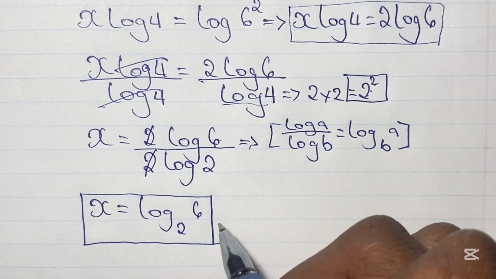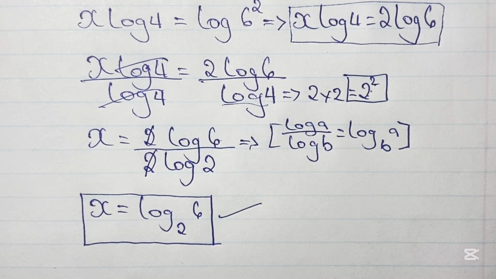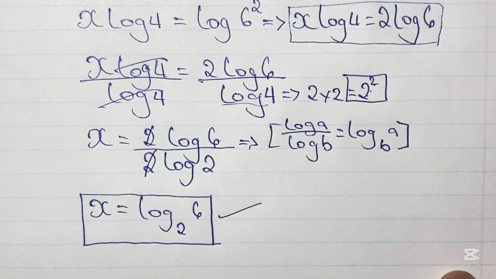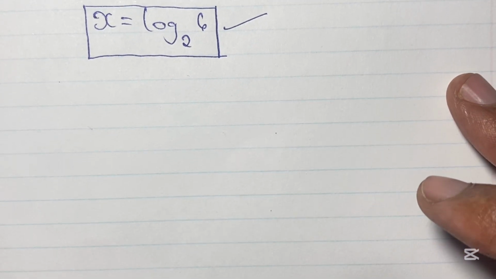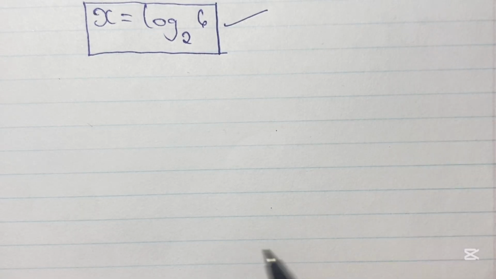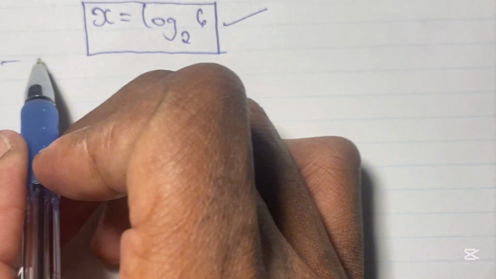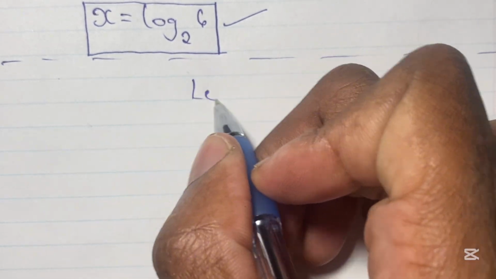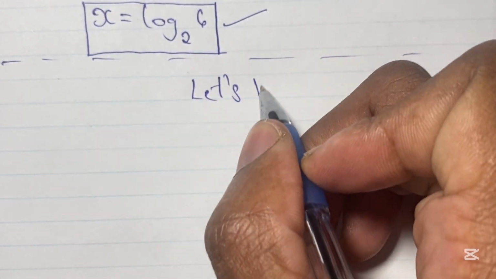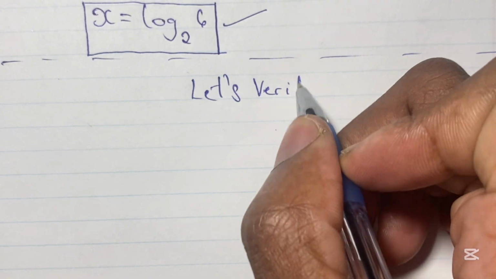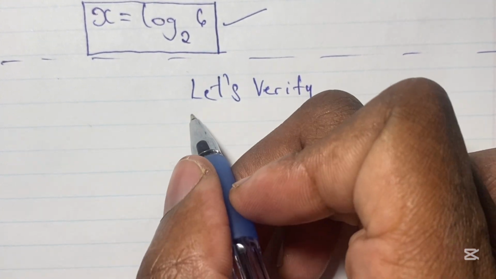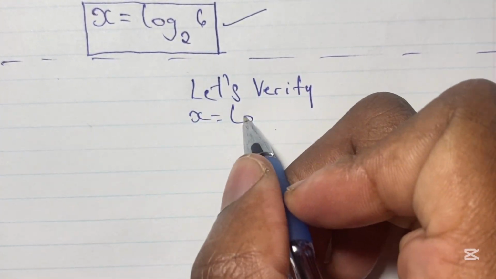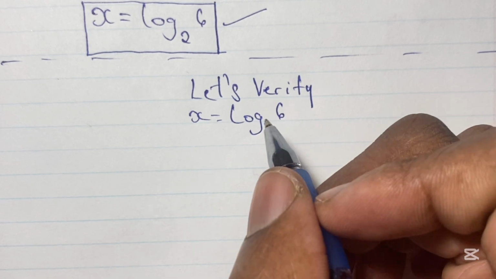Now from here we can try to plug in the value of x that we have into our original equation to verify if this is true. So let's verify that x is equal to log base 2 of 6.